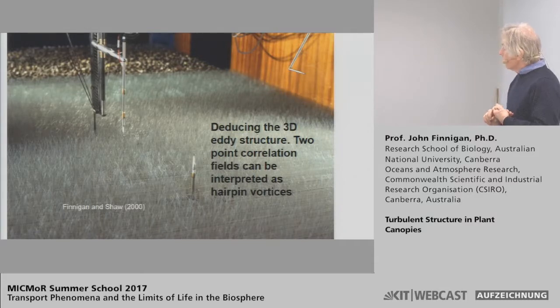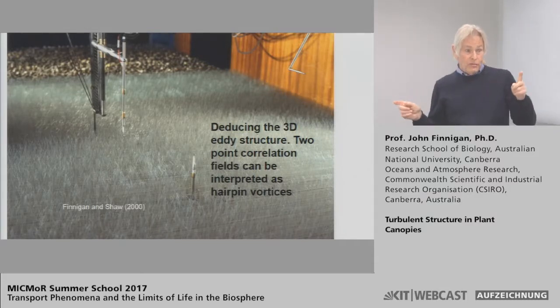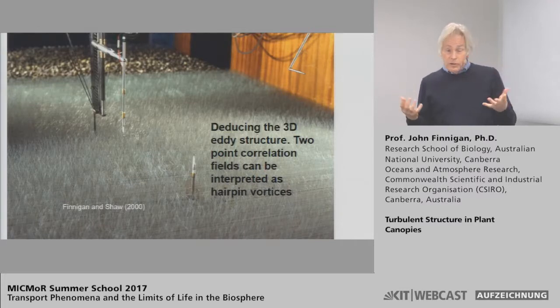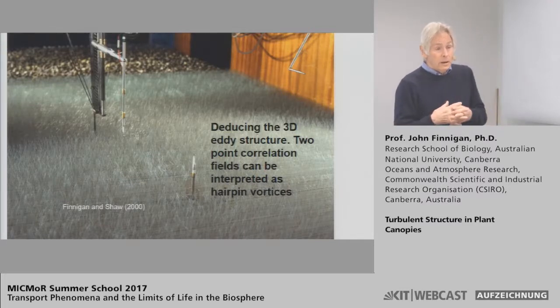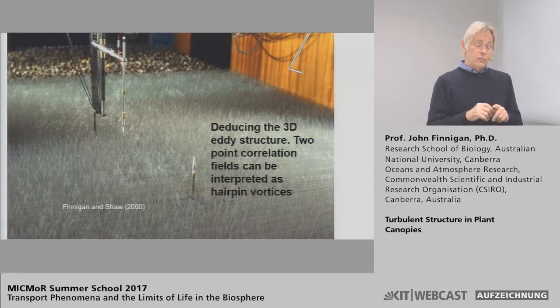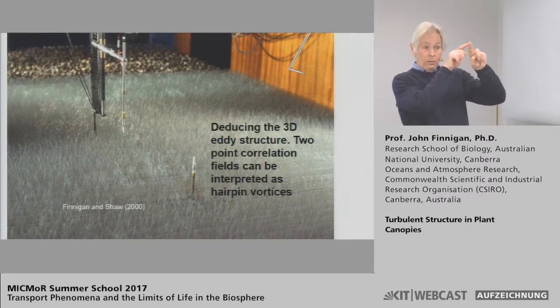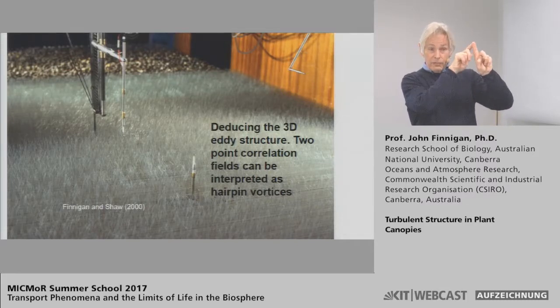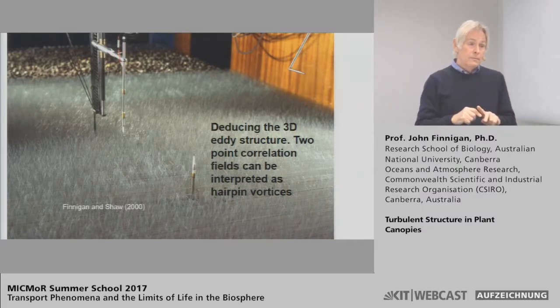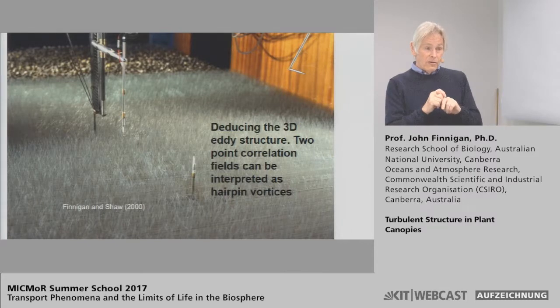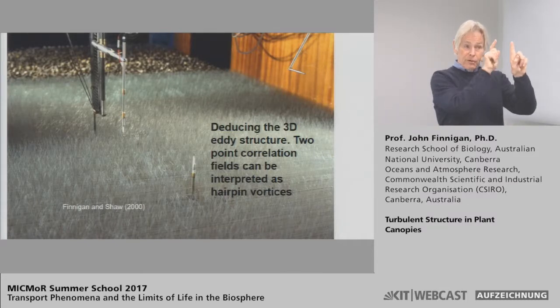So you need to actually measure at two points at once, and then you can get a correlation. When you do that, the first thing you can get is correlation coefficients, where you can measure how the velocity here is correlated with the velocity somewhere else as you move the two sensors farther apart. The equivalent with Taylor's hypothesis is to measure the velocity here, then wait a bit and measure the velocity again a little bit later, and assume that you're really measuring between these two points.